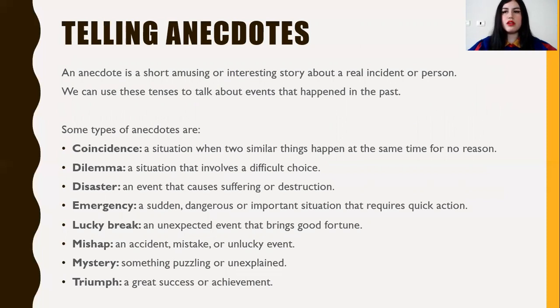And some types of events that we talk about, and these are the ones that are going to be for your oral exam, are coincidence, dilemma, disaster, emergency, lucky break, mishap, mystery, triumph. So all these are types of events that we can talk about.